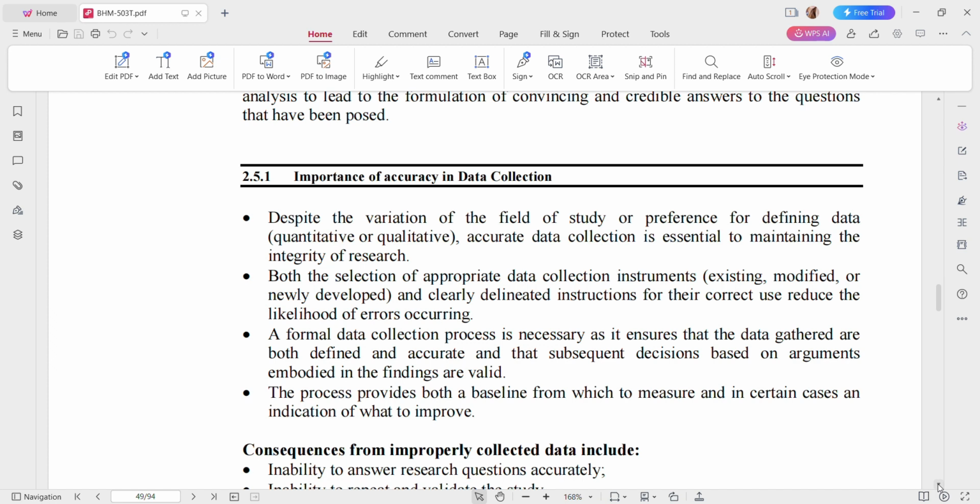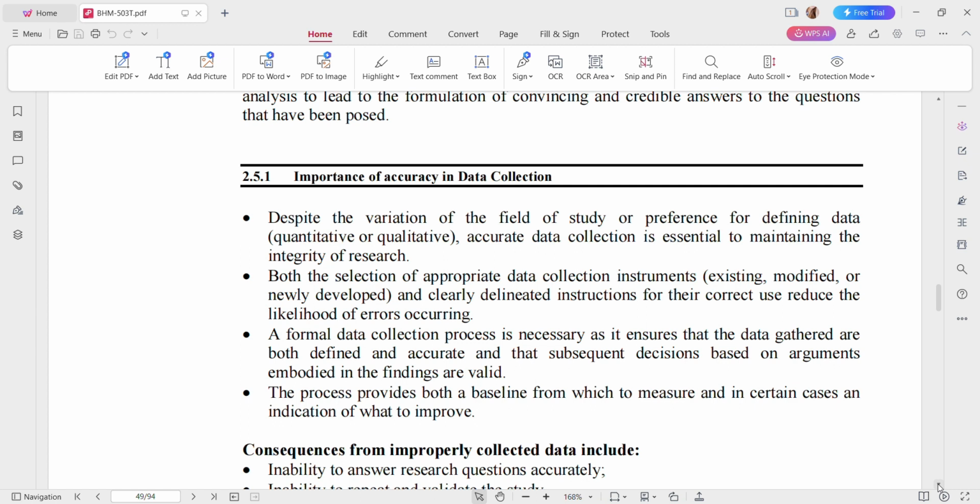However, if you want to modify something from that existing instrument, then you still have to do the validity check of it, and get it validated and checked by the experts or do pilot testing to really ensure accuracy in the study.